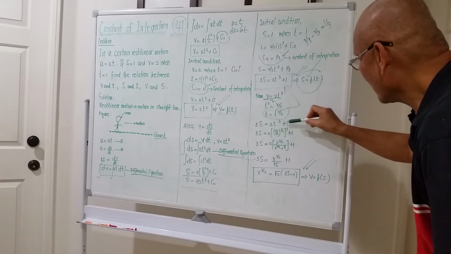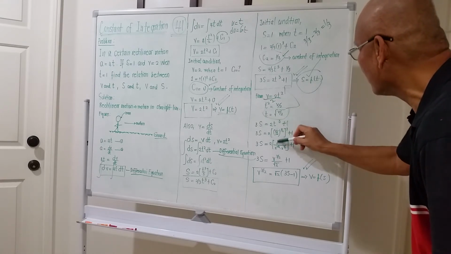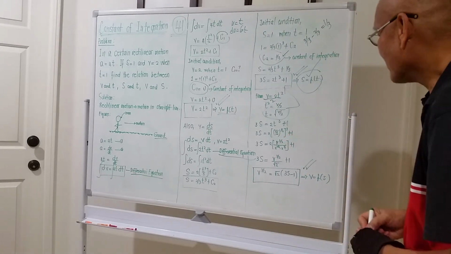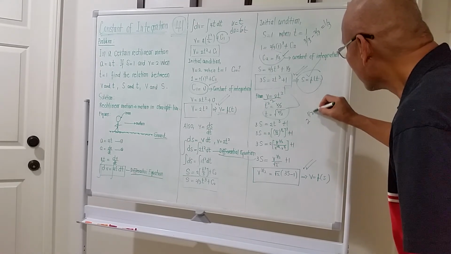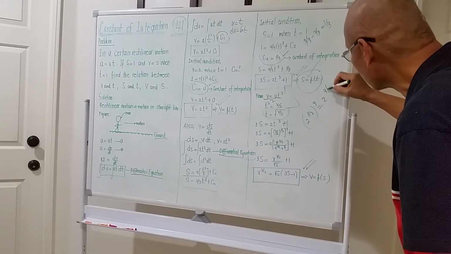The numerator will be v raised to 1/2, raise that again to the third power, that will be v raised to the 3/2. The bottom portion will be 2 to the 1/2, raise that again to the third power, this will be 2 to the 3/2.